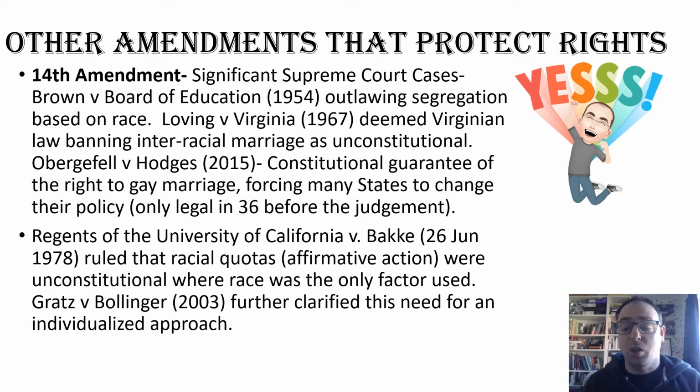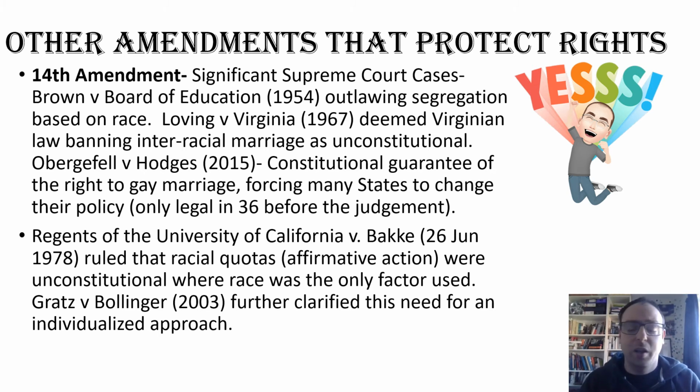So affirmative action is when institutions or governments try to redress historical imbalances. So if there is underrepresentation on race within a company or an educational institution, they might bring in quotas or other affirmative action to try and redress that balance.